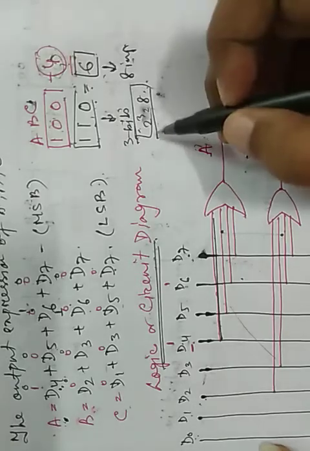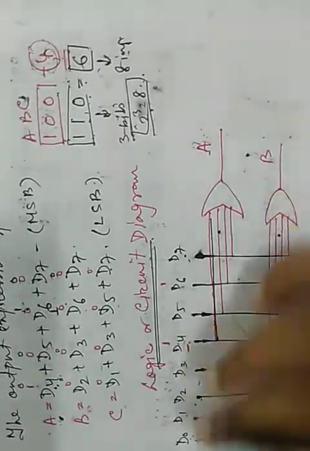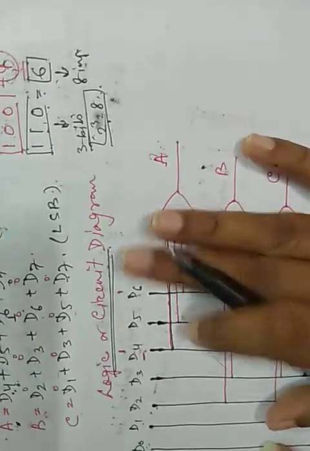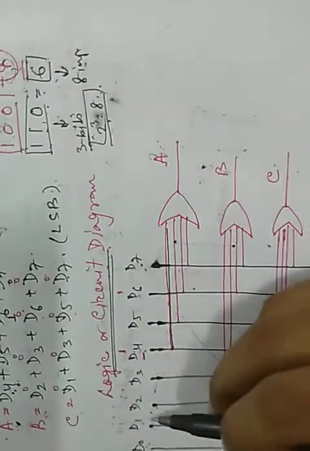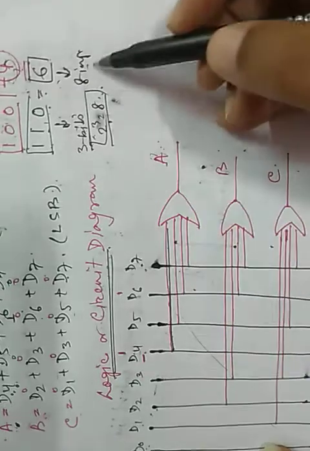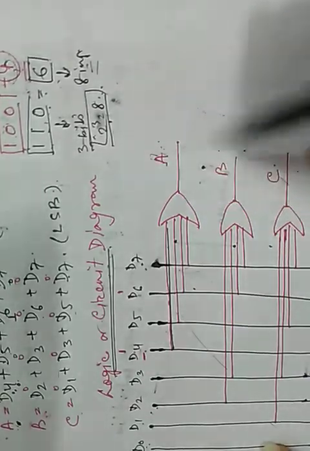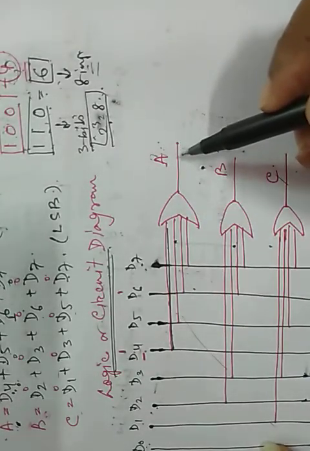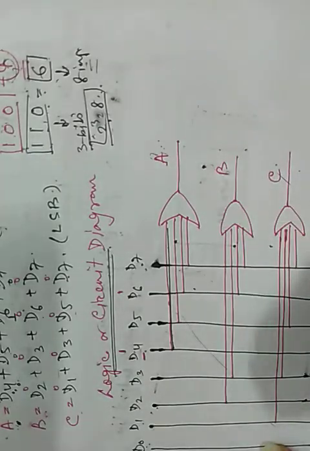So this is our circuit diagram of the octal to binary encoder. Why encoder? Because it encodes every octal number into its binary form. So this is our encoder.